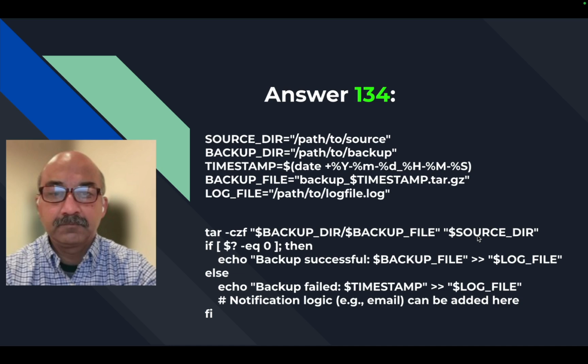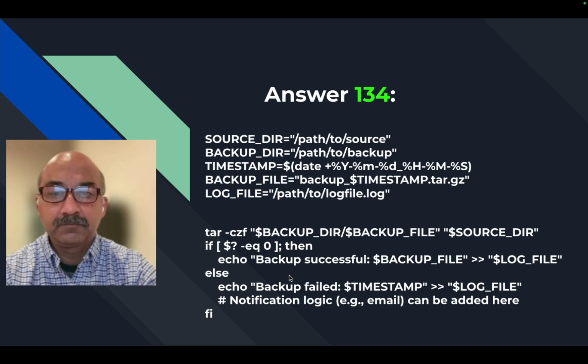That's the source directory. Now, once the command runs, if it is successful, automatically in bash you get a variable called $?. If the command above is successful, the value of that variable is 0. That means it was successful, there were no errors, and you write that to the log file.